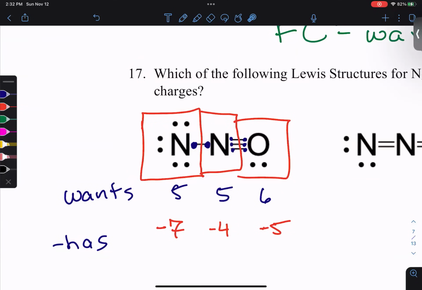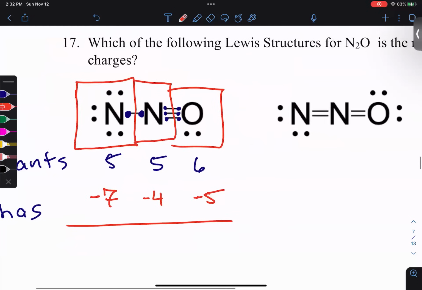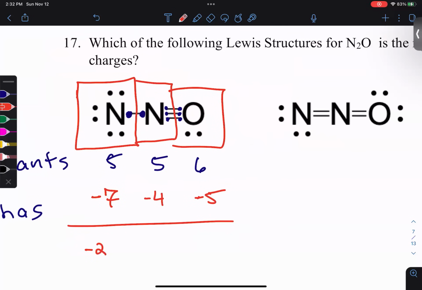So that's where wants minus has comes from, right? What we're going to see is that all these Lewis structures have different has lines here. And so when you subtract these, you get, what, -2, +1, +1, all right? Those are our formal charges.